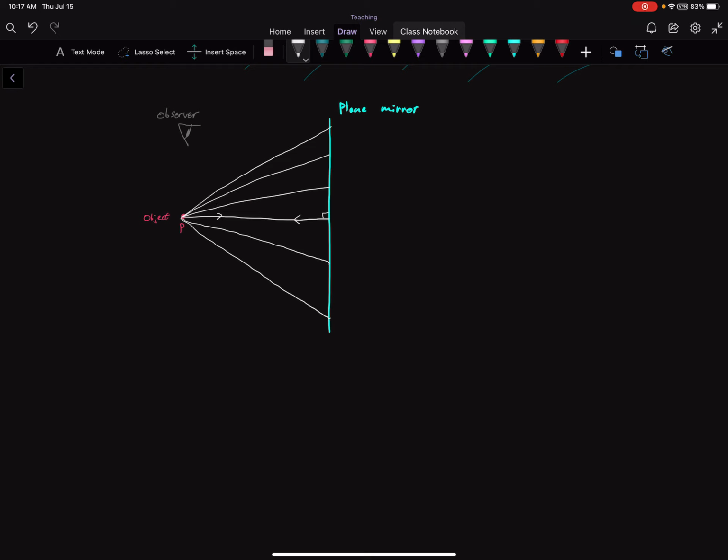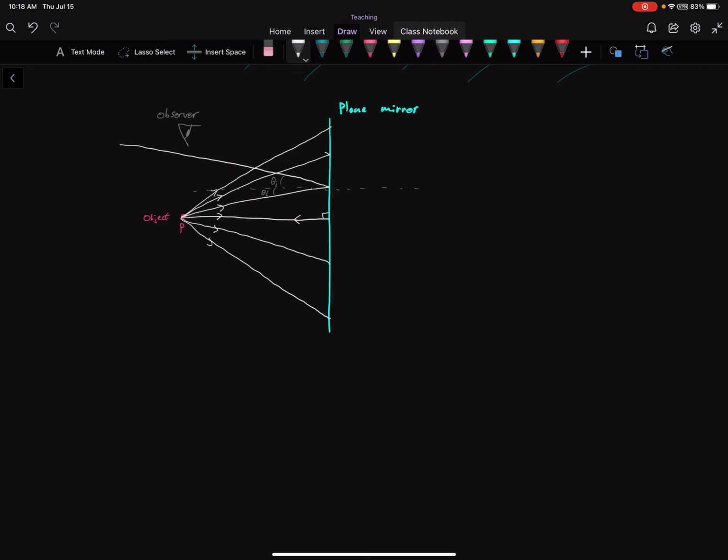But this one, whatever angle it hits with, that angle of incidence is going to equal the angle of reflection. It may not be drawn very perfectly, but this should be the same angle. So that happens with all of these rays.